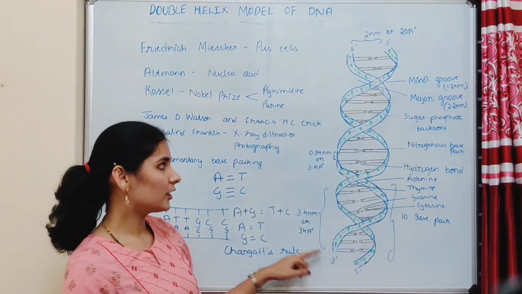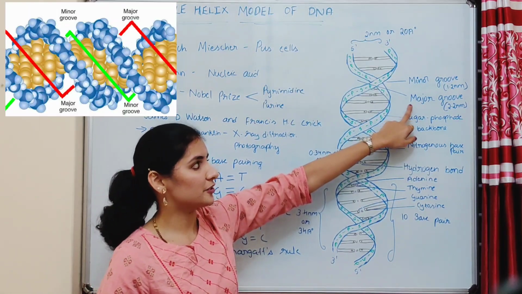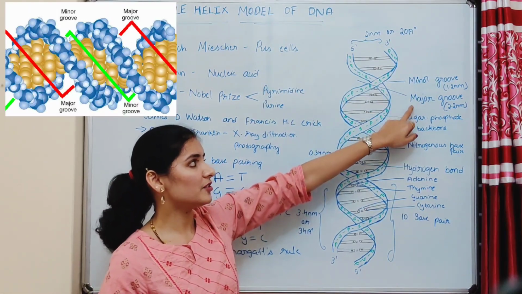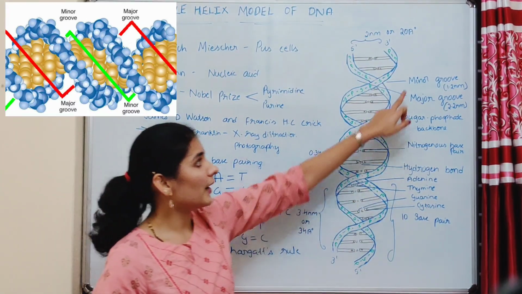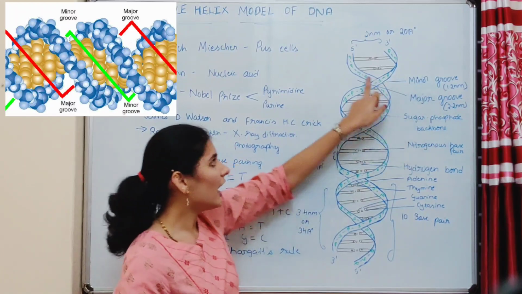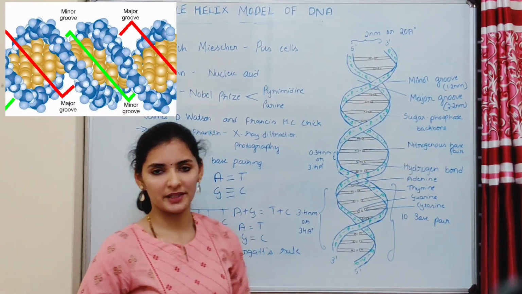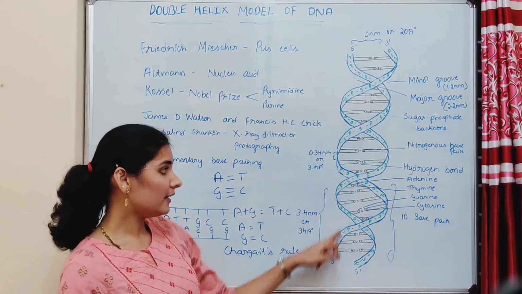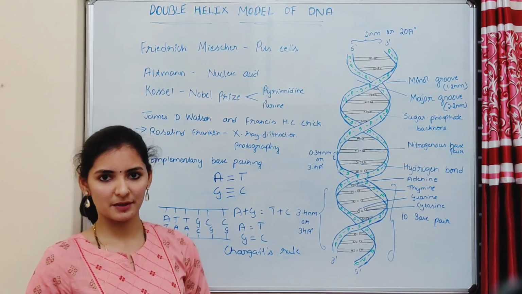In a DNA molecule, there are mainly two grooves, the minor groove and the major groove. The minor groove and major groove can be visualized from outside. The minor groove has a width of about 1.2 nanometer and the major groove has a width of about 2.2 nanometer. The length and the number of base pairs in DNA depend on the species.